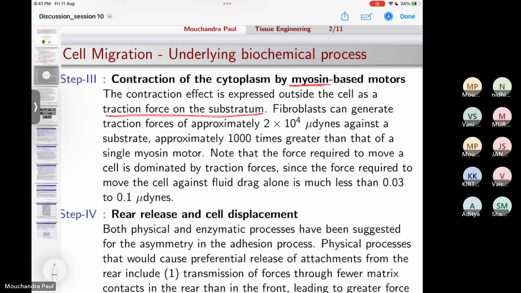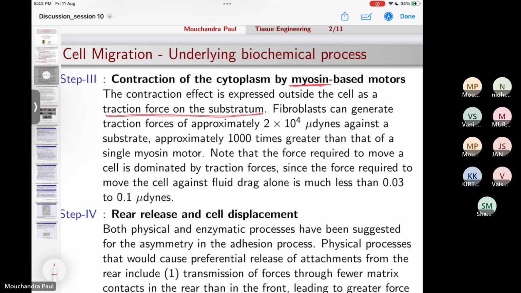Whereas the traction force is the force applied by the body on the substrate in order to move forward. So if the traction force is higher than the frictional force, only then will the body move. So the cell is doing a similar thing. The cell is trying to overcome whatever frictional effects are there on the substrate by contracting itself and generating a traction force.